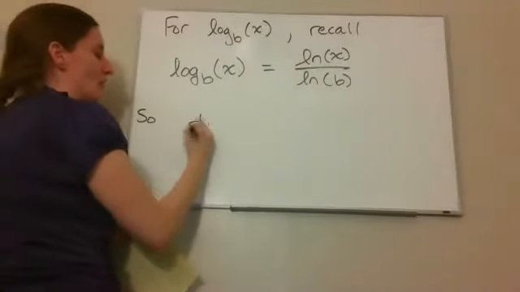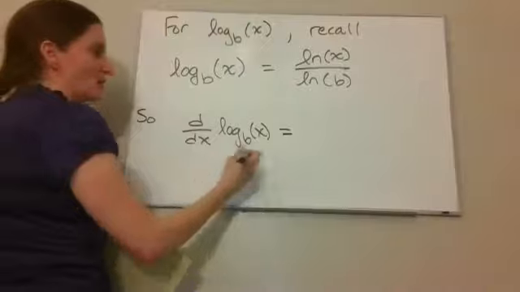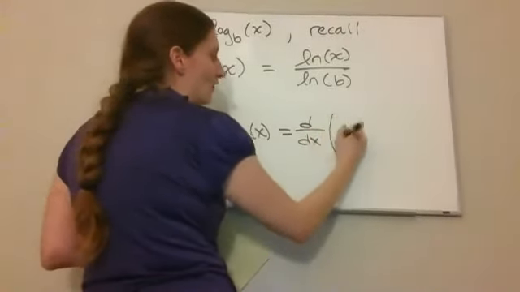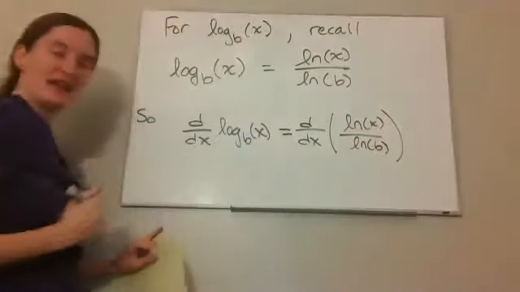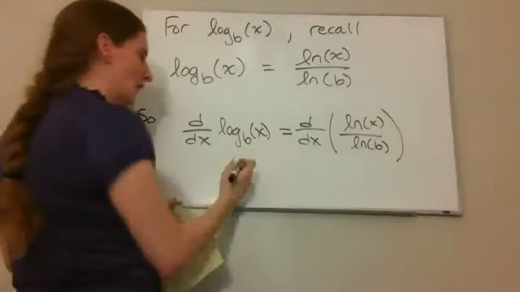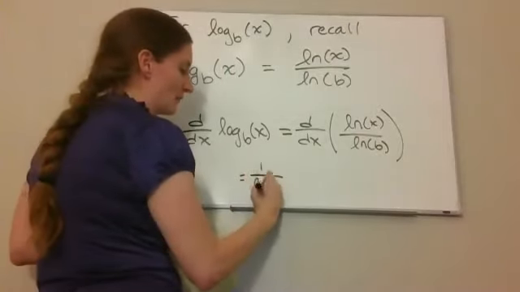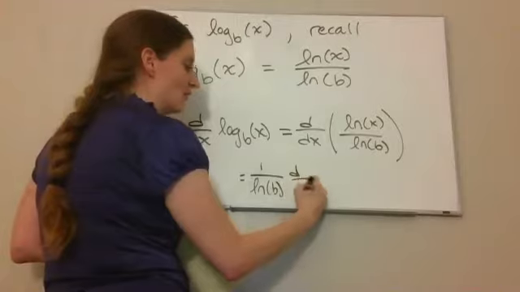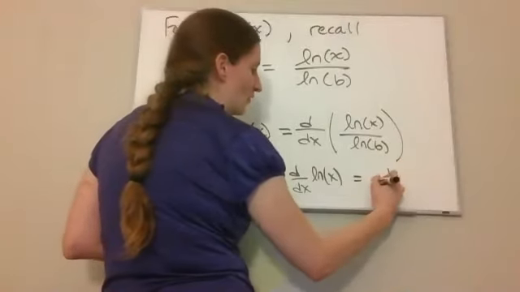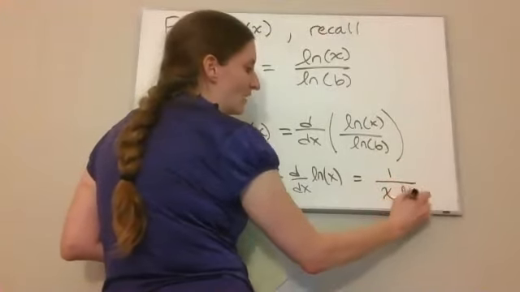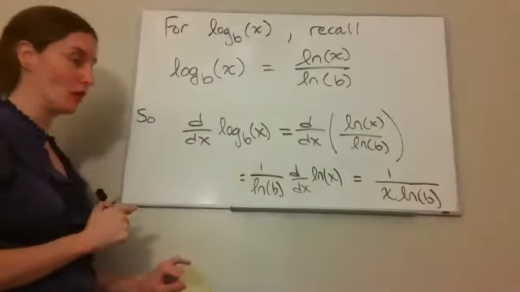So we have the derivative of a log with base b of x is equal to the derivative of natural log of x over natural log of b. And that natural log of b is just a constant. So this is equal to 1 over the natural log of b times the derivative of natural log of x, which is 1 over x, and we have a natural log of b in the denominator from multiplying by this 1 over natural log of b.